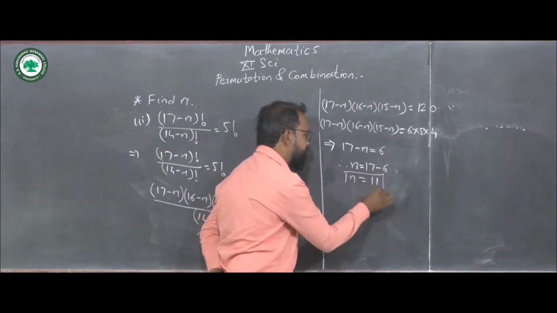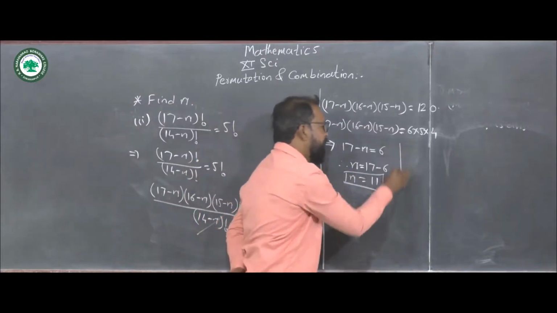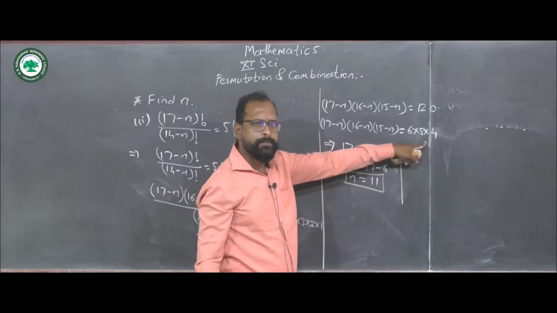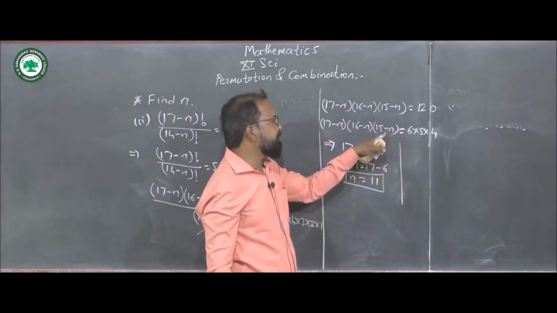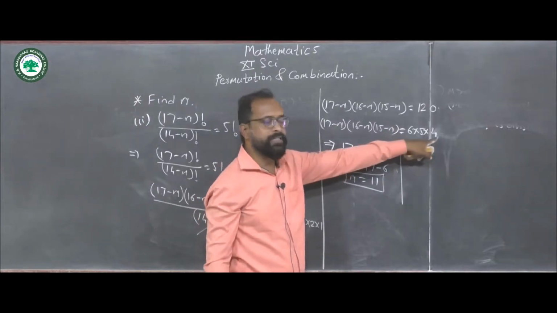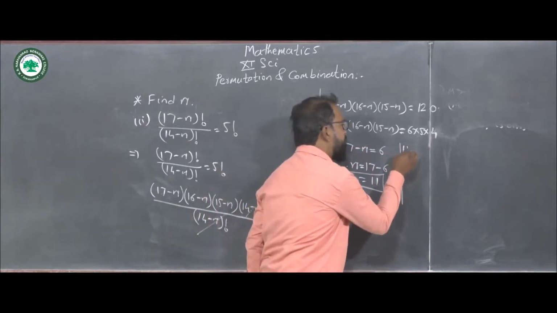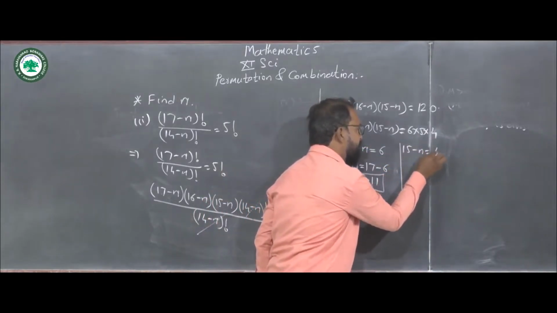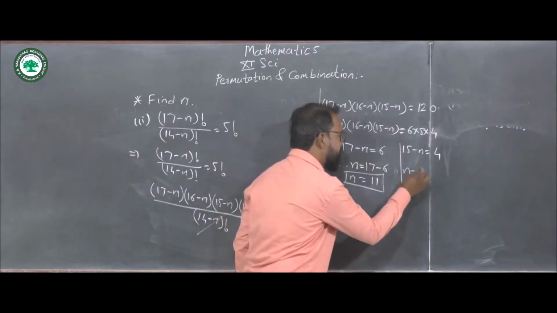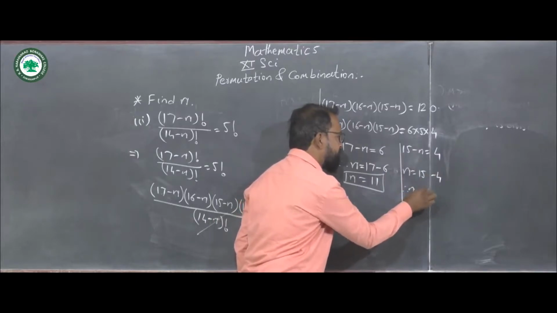So we get n equals 11. If we compare the smallest number from both sides, the smallest number from the LHS is 15 minus n and from the RHS it is 4. So we get 15 minus n equals 4, which also gives n equals 15 minus 4, that is n equals 11.